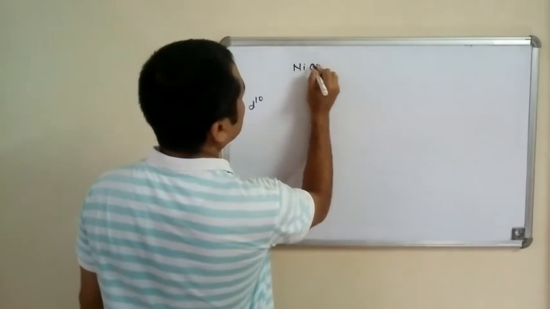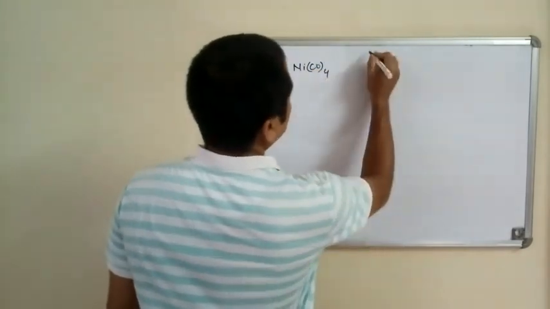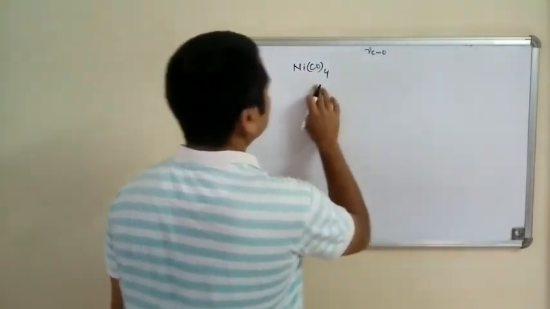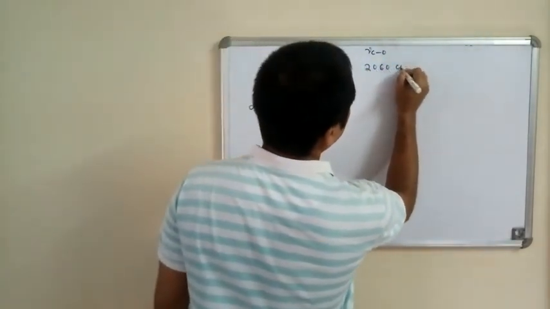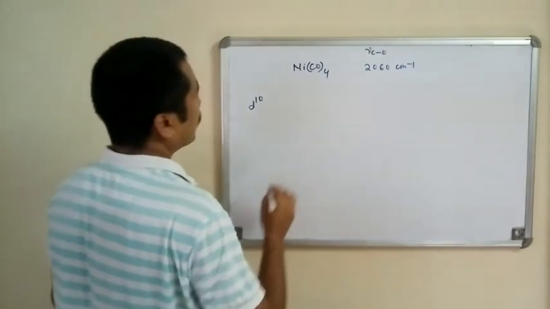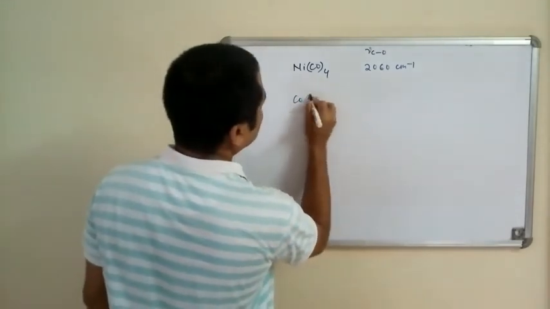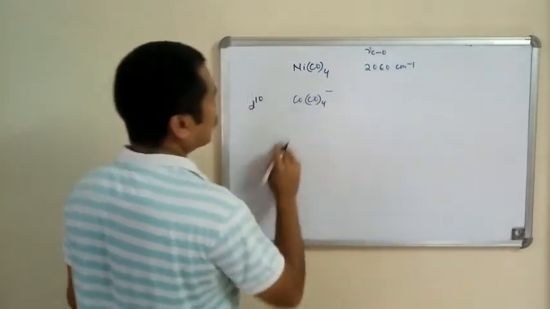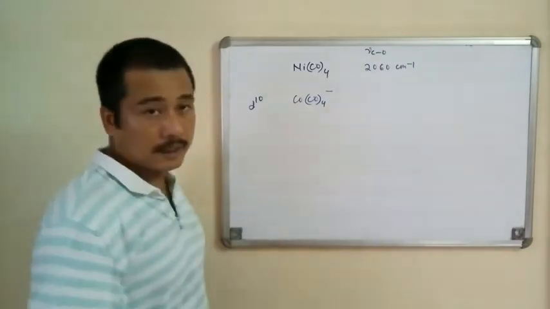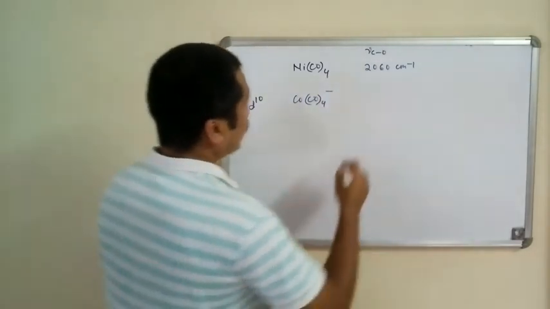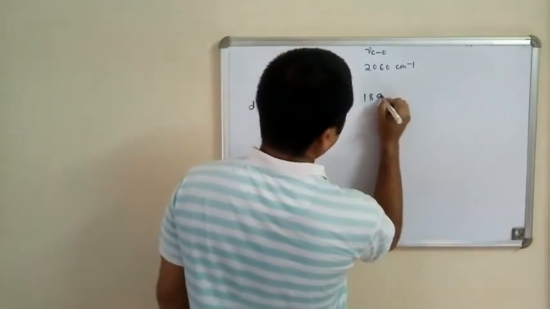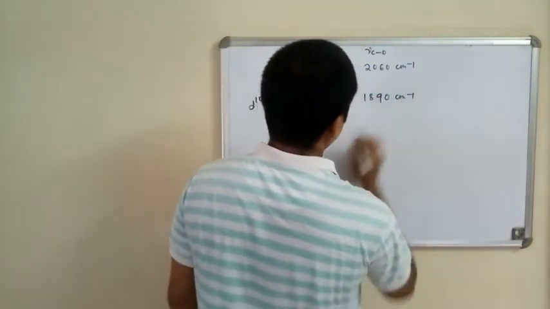For nickel tetracarbonyl, the CO stretching vibration in this case appears at 2060 centimeter inverse, while for cobalt tetracarbonyl negative, cobalt is a d9 metal with one negative charge, so it becomes d10, and it appears at 1890 centimeter inverse.